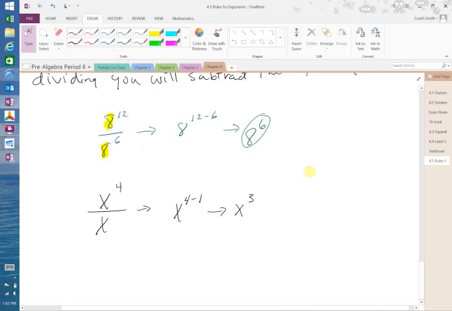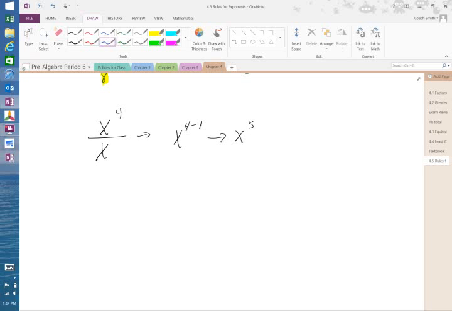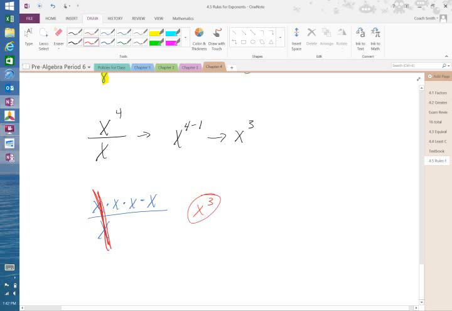Now, if we prove that mathematically, x to the 4th would be that right there. X would be that right there. The x's cancel out, leaving me with 3 x's on top, so it is x to the 3rd. Okay, that's how we can do that.